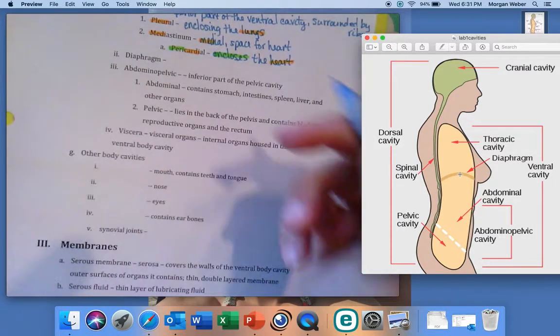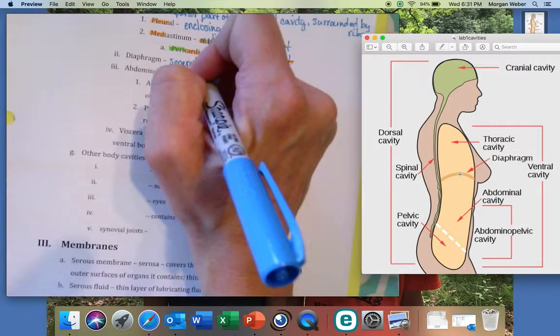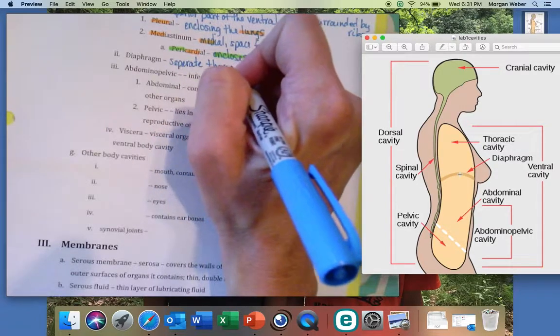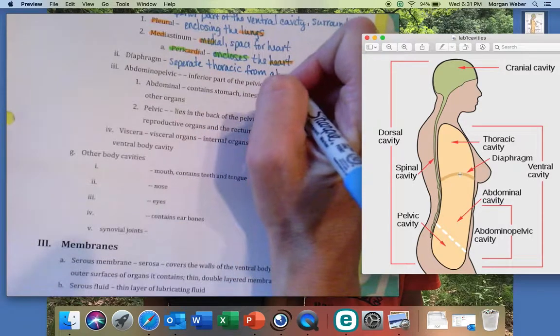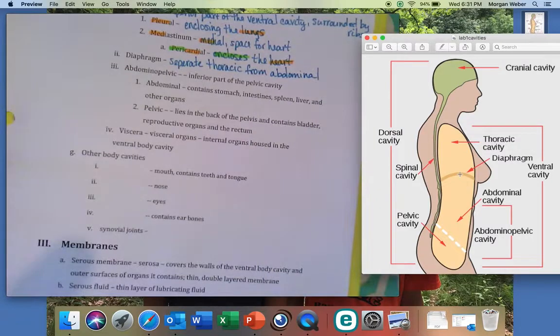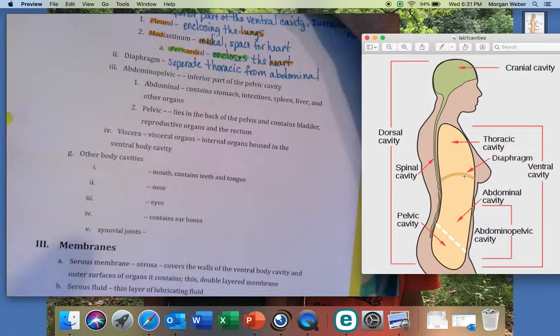So the diaphragm is going to separate thoracic from abdominal. All right. Now we have our abdominal pelvic cavity. So you can see my diaphragm here, and here is the abdominal pelvic cavity.